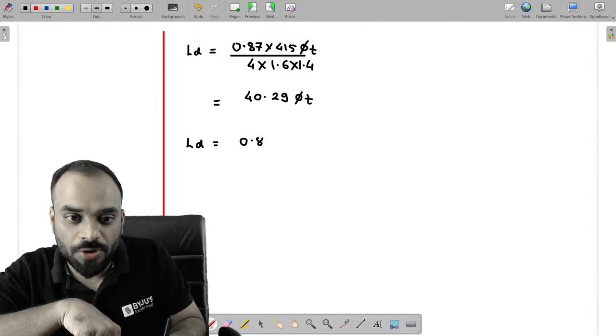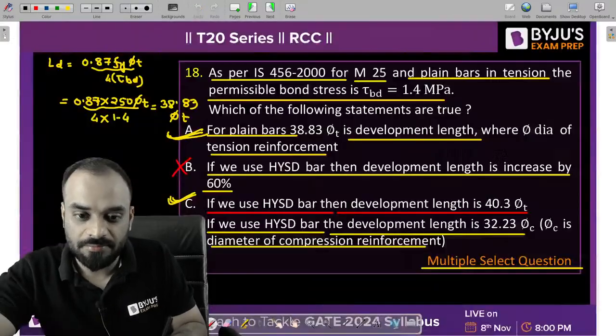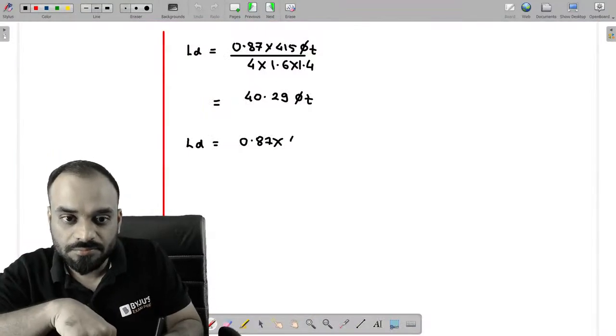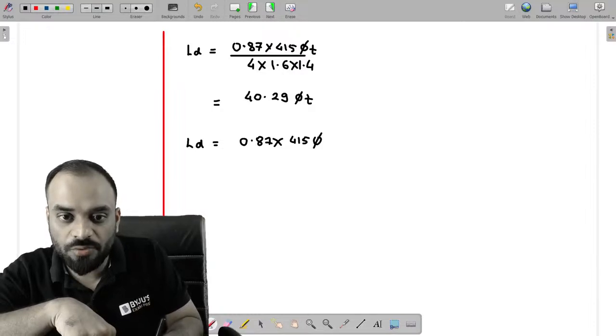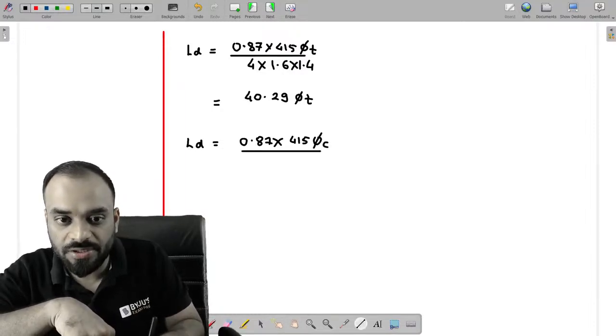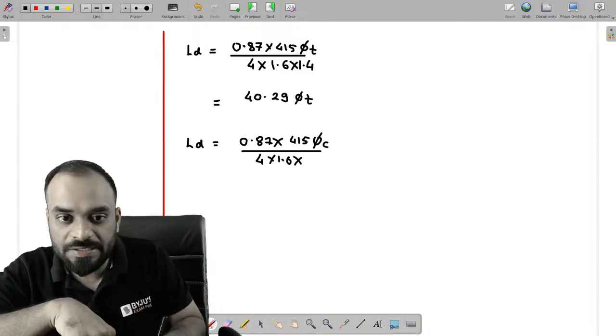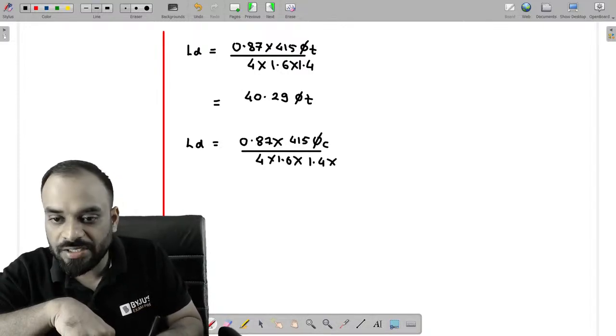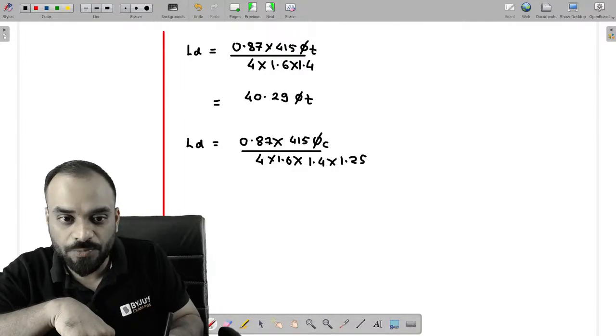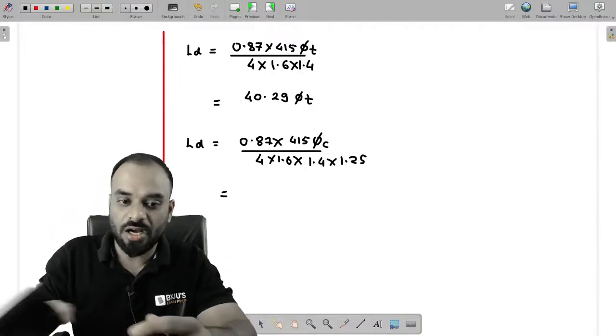LD is equal to 0.87 Fy, but now we are using dia of compression reinforcement, divided by 4 times 1.6, 1.4 and then multiplied by 1.25 also. So calculate it.